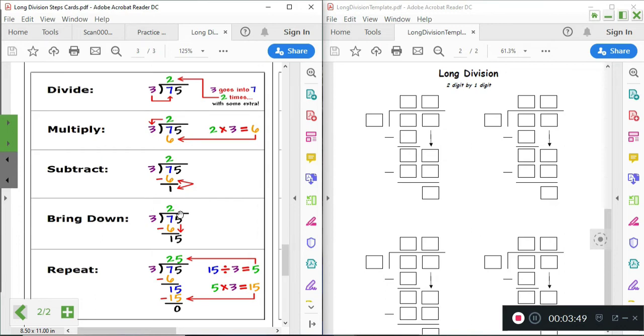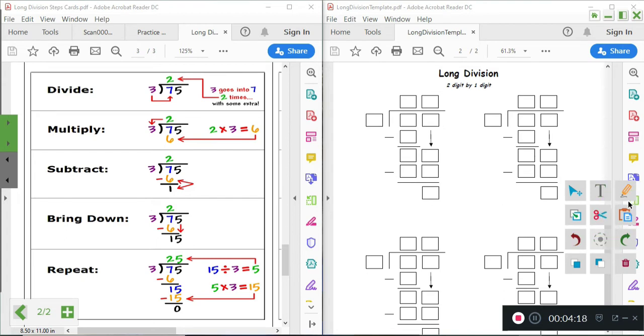So he comes downstairs and he's like, oh, you forgot this part. I bring down my 5. I now have 15 pieces of candy, brownies, cookies, whatever you want them to be, to divide up between my friends.